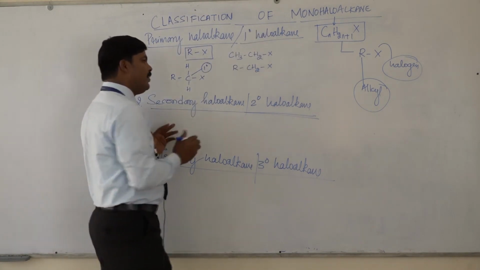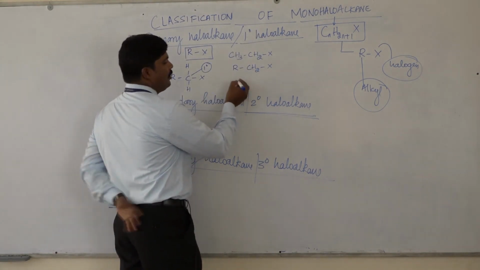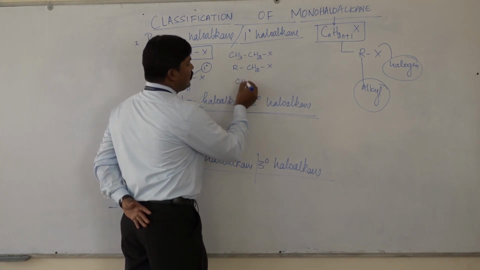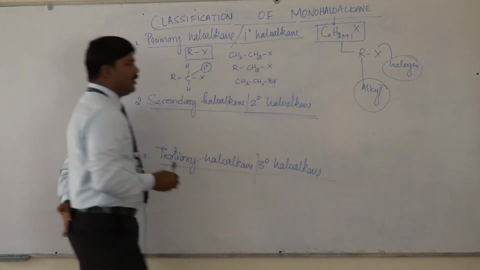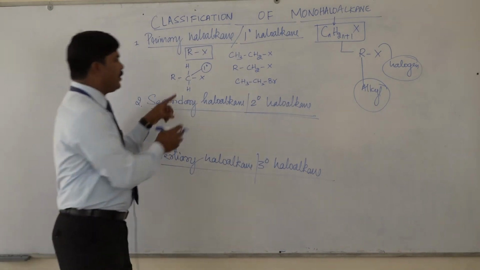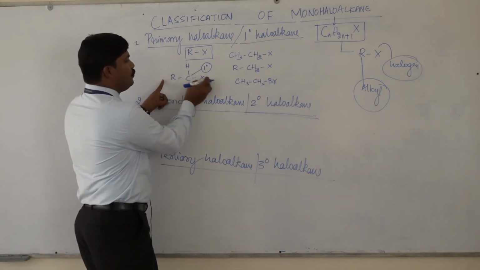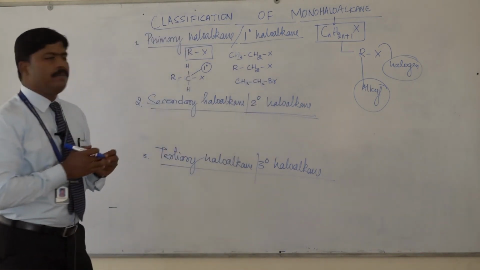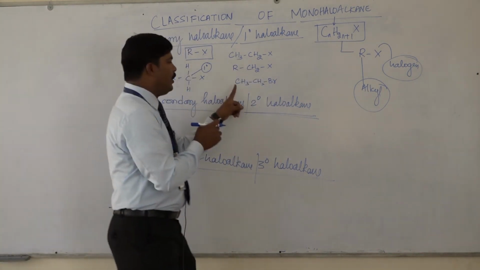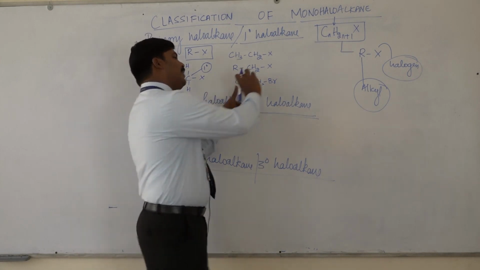I can give plenty of examples, a very simple one: CH3CH2Br, which is R-CH2-Br. The Br is bonded to a carbon that is bonded to one more carbon and has two hydrogens.